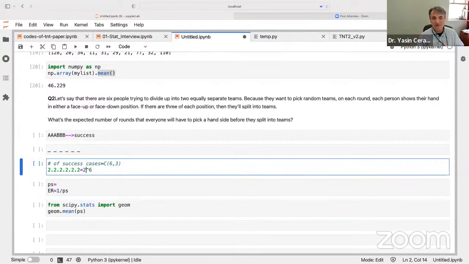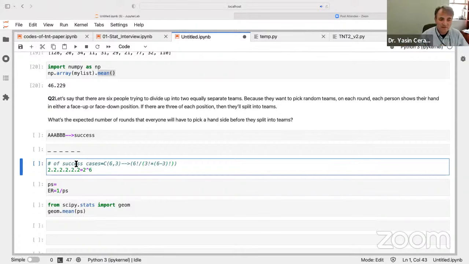Let me write the success count explicitly. It is 6 factorial divided by 3 factorial times (6 minus 3) factorial. So the explicit expansion of the combination of 6 with 3 is this.